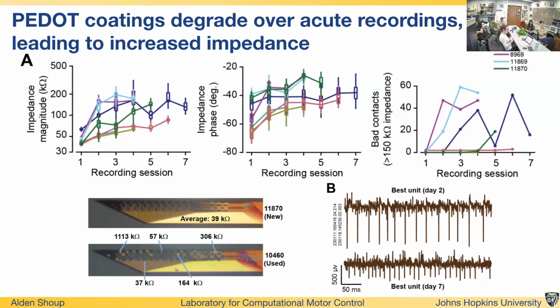How well are you going to be able to pick up signals in the brain today? And so throughout all of the time that we've been using electrodes, we've been taking a pre-recording impedance measurement. And something that was noticed even before I got into this lab was that over time, the impedance of these polymer coated silicon probes increases.